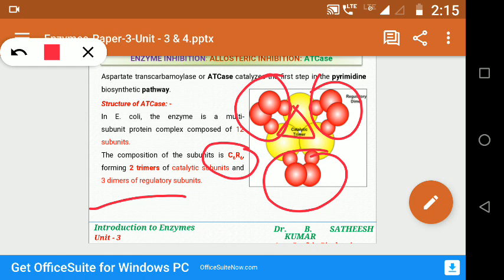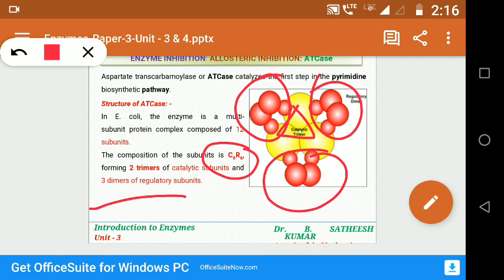So if the purine concentration is more, then pyrimidines must be synthesized. If the purine concentration is less, then the pyrimidine synthesis must be stopped. So the relative concentration of purine will regulate the synthesis of pyrimidine here. Therefore, ATP activates. If ATP is more, that means the purine is more.